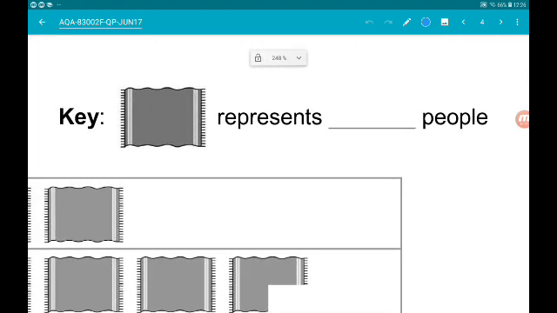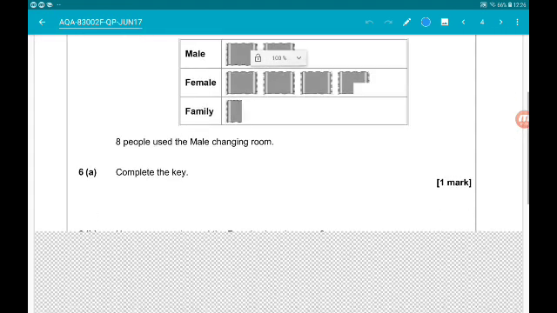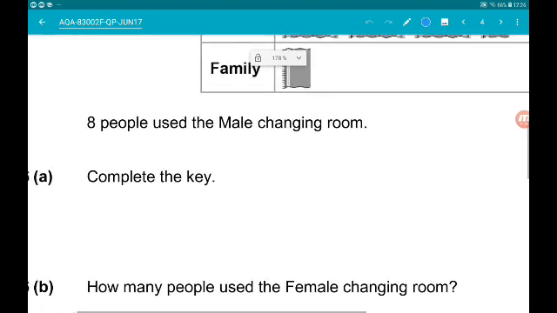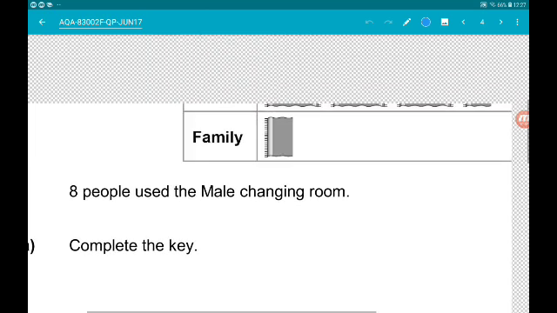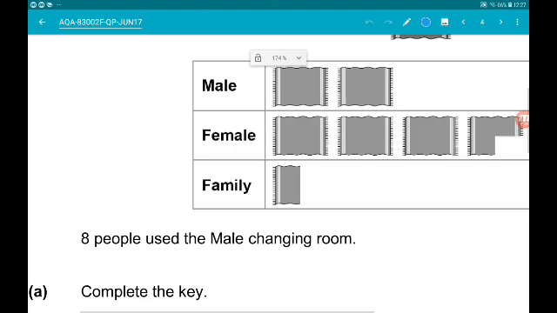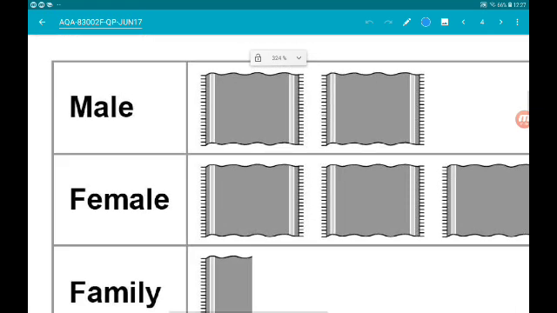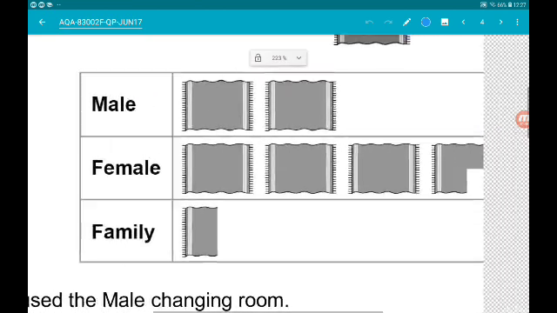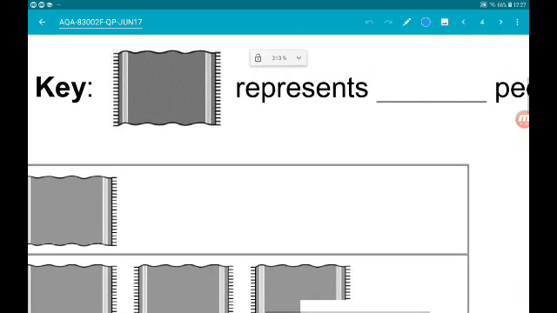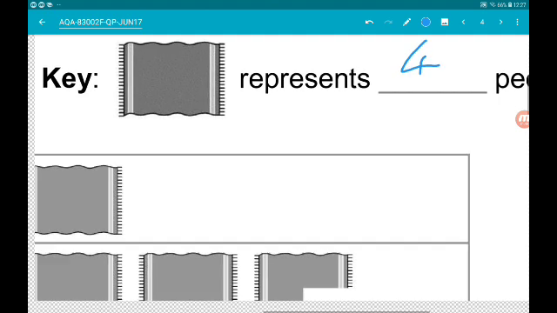So the key is empty, and now we are told 8 people used the male changing room. We want to complete the key. So 2 towels represents 8 people, so 1 towel represents 4 people.